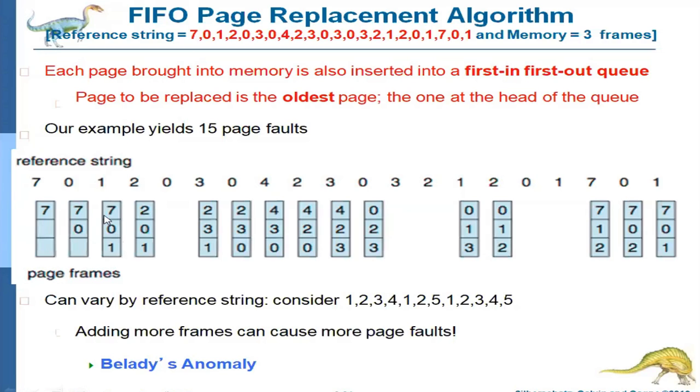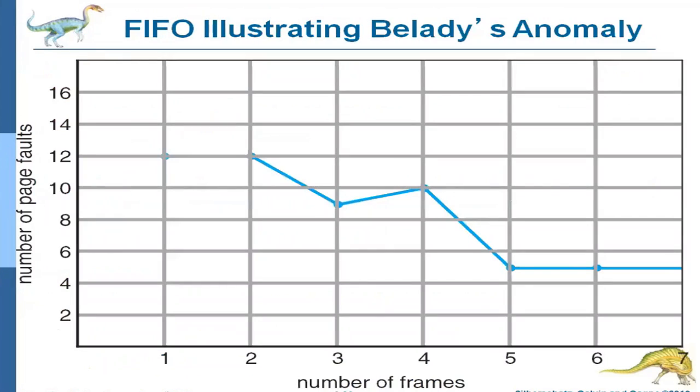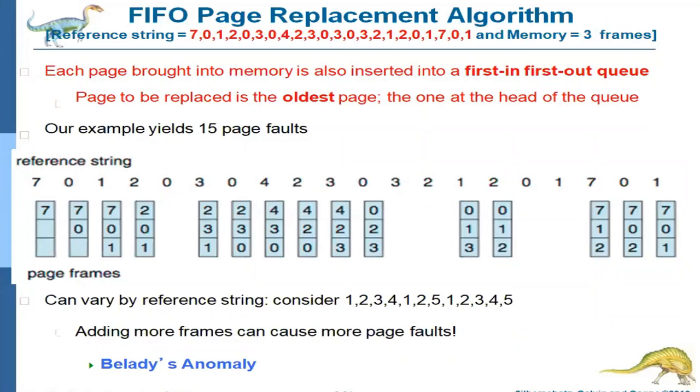The next page is 2, but the main memory is full. What can you do? We have to remove one of the pages from memory. That means swap out a page from main memory to disk.